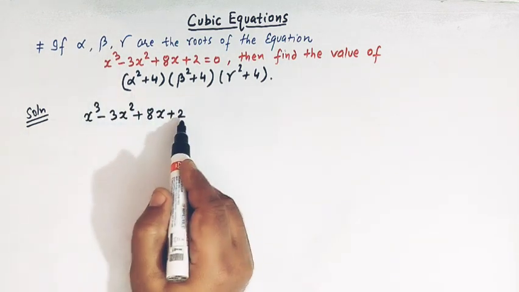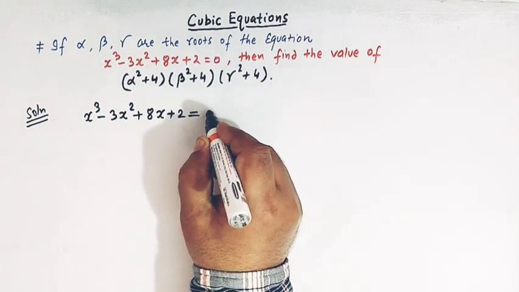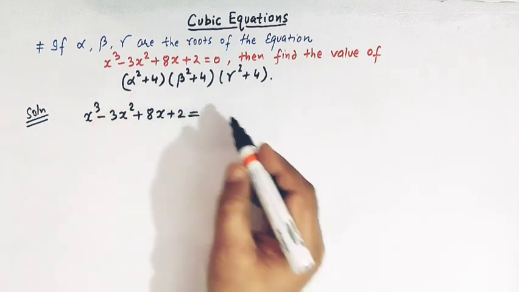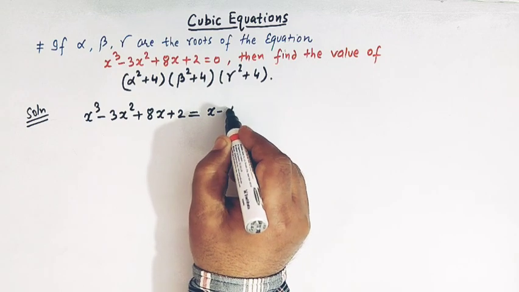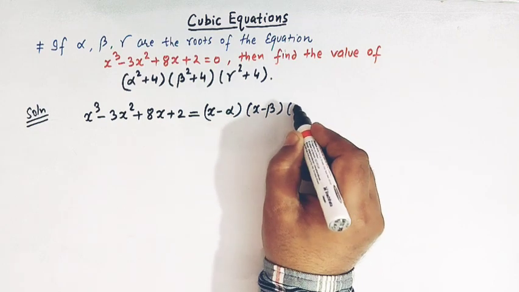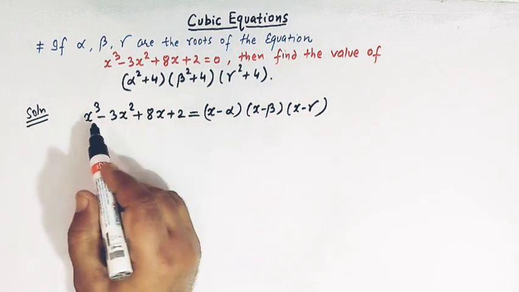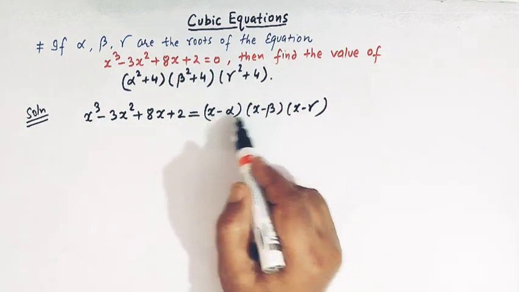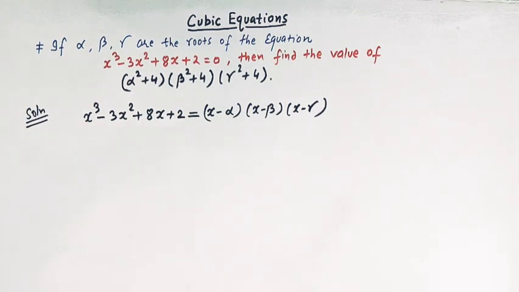So this cubic polynomial can be written as a product of these three terms, that is x minus alpha times x minus beta times x minus gamma. So we can write this cubic polynomial equal to the product of these three linear factors.